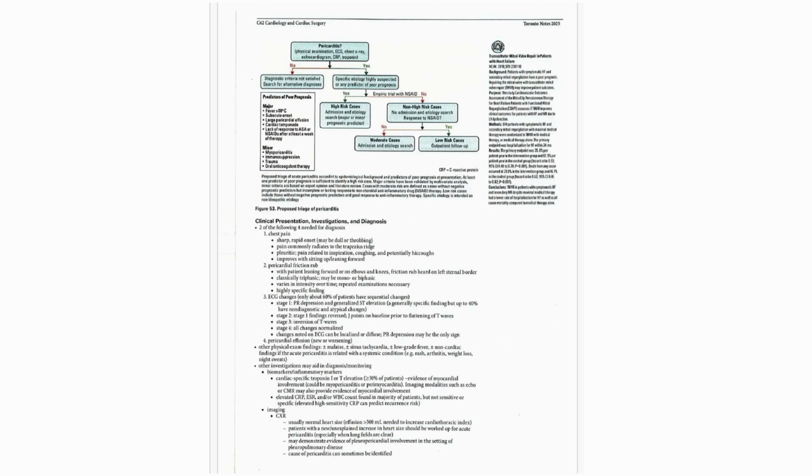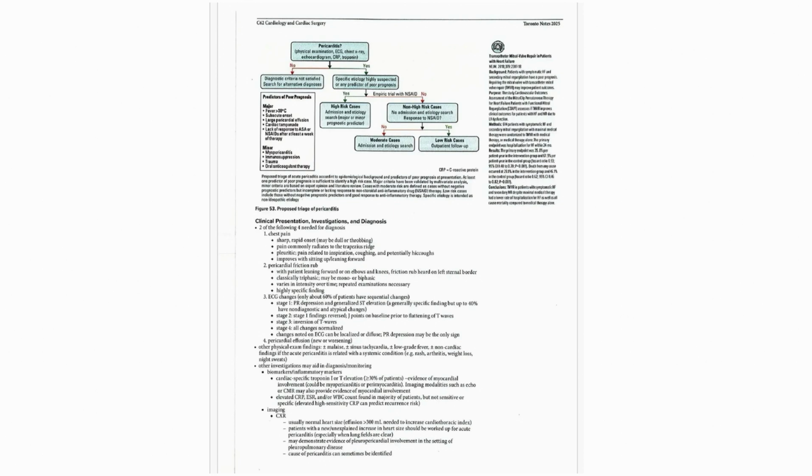Typical characteristics include sharp pain, sudden onset, occasionally dull or throbbing, and often radiates to the trapezius ridge due to involvement of the phrenic nerve. The pain is pleuritic, worsened by inspiration, coughing, and sometimes hiccups. Importantly, the pain improves when the patient sits upright or leans forward, a classic feature that helps distinguish pericarditis from myocardial infarction.